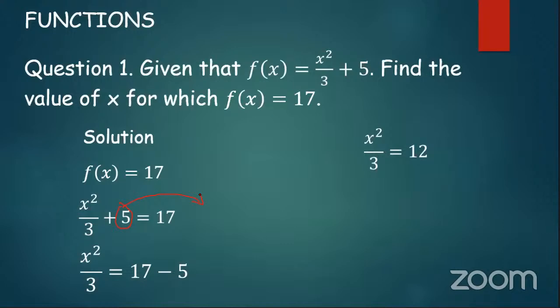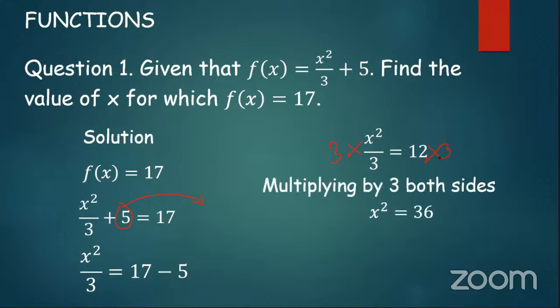Then we are going to multiply by 3 as suggested by Asimwe. So we multiply by 3 here and also here, and this 3 is going to cancel out with that.